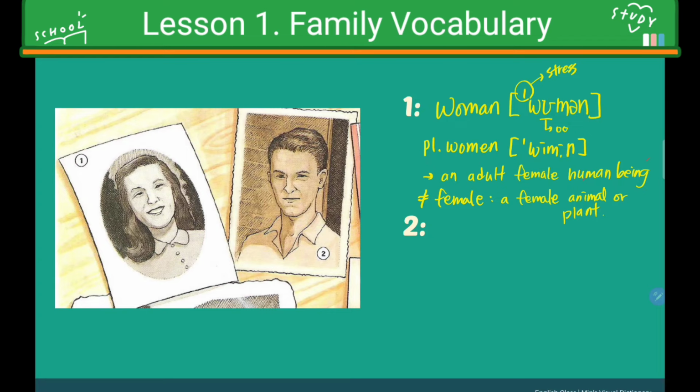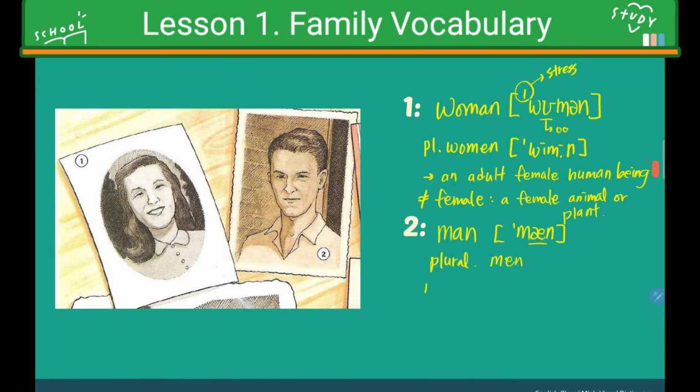So anything like that. And next, number 2, we have man. Man. And the phonetic symbol is, so this one is a big A. You have to open your mouth wide and it's man. And the plural form is M-E-N. Okay?